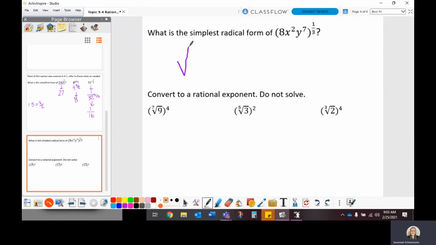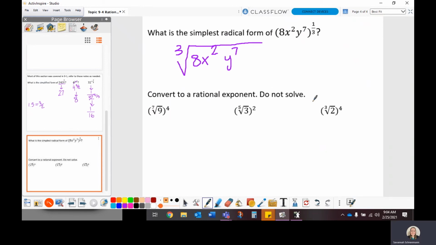So we're going to write our big radical sign here, and then the 3 was the power of the radical. So this is going to be a cube root, and then this is just a power of 1, so that means we're just going to write everything in here as is: 8x squared y to the 7th. And again, I don't need to write that 1 because we don't ever write the power of 1, but the 3 refers to the power of my radical.